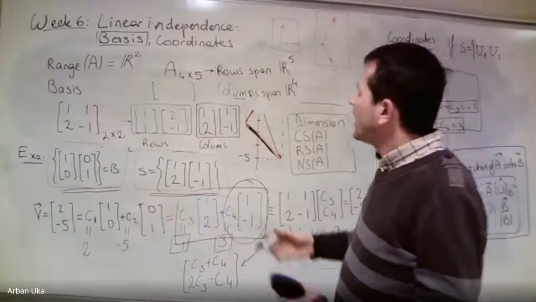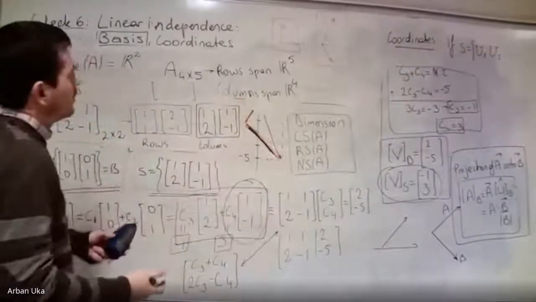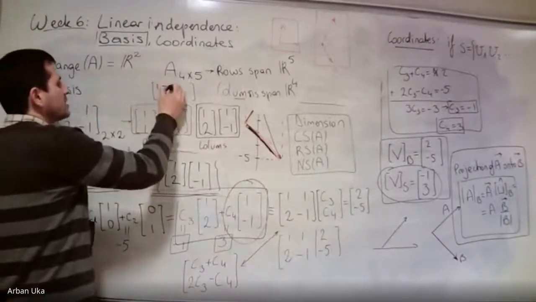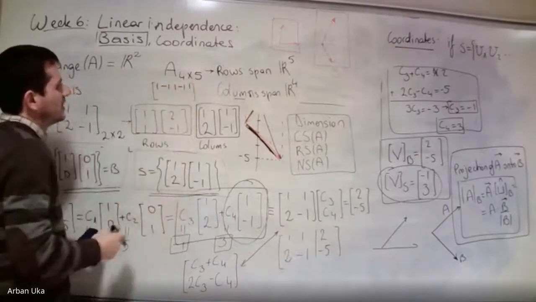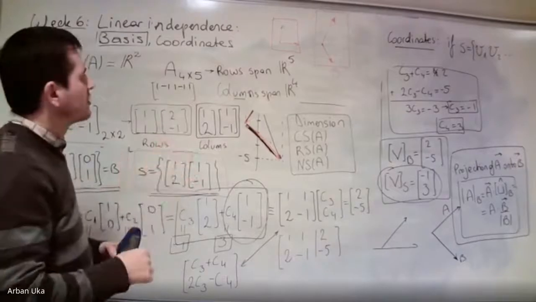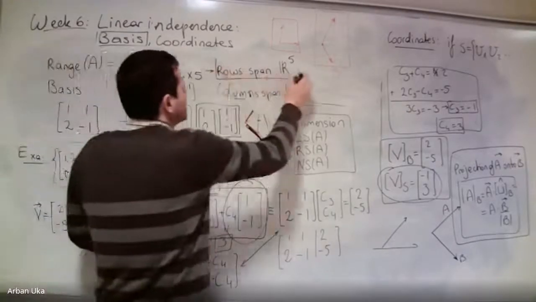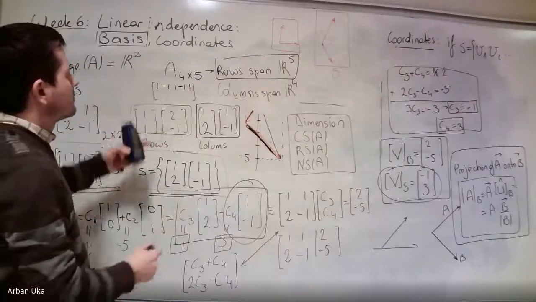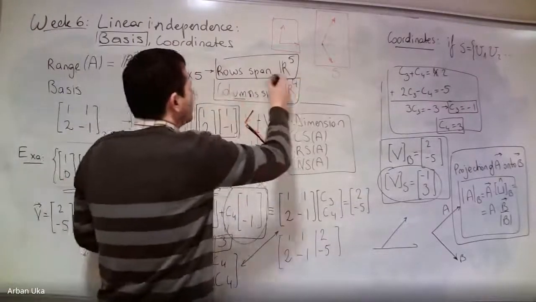I often get confused. So if you're talking about the rows, what would be a row here? 1 minus 1, 1 minus 1, 1. Right? 4 by 5. So this is a row which is composed of 5 numbers. So this means the rows span R5. Okay. Now, also, if we have 4 columns, we say that the columns will span R4.